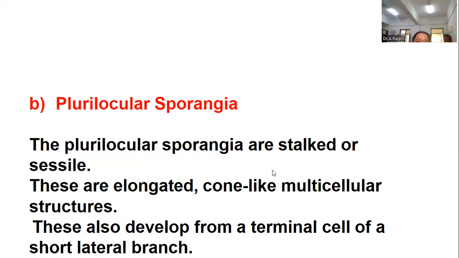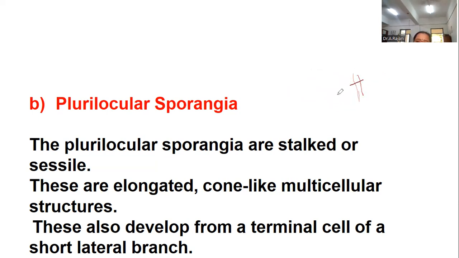Very important. Unilocular only to form, one second, see, unilocular only like this. This is the unilocular sporangia. Plurilocular sporangia, you can observe here many box-like structures are formed.